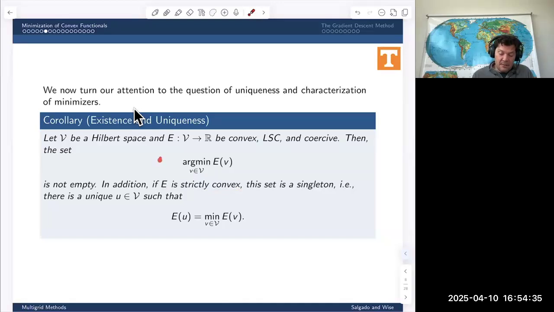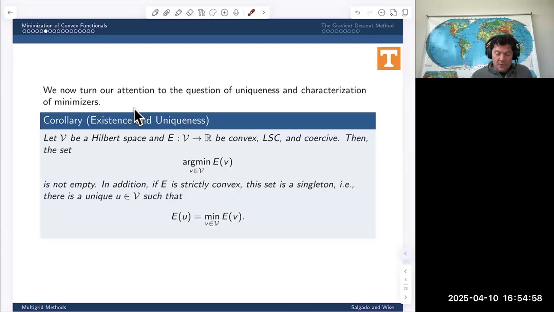And that allows us to write U equals the argmin, okay, in our sort of notational violation, I guess. If E is strictly convex, then this is a singleton set. It has a unique element in it. There's only one.